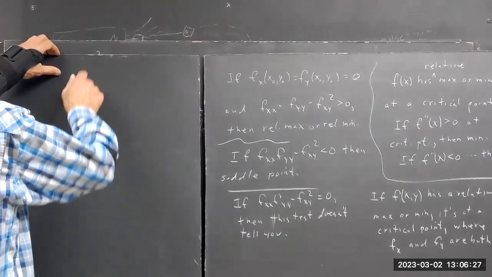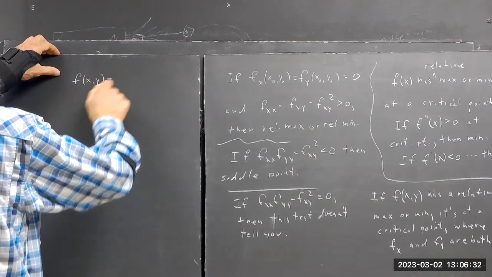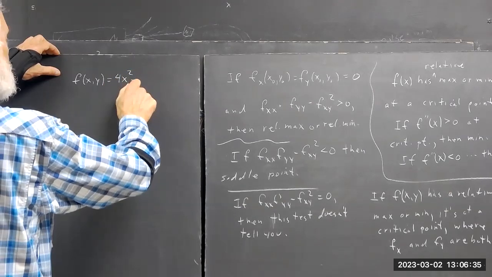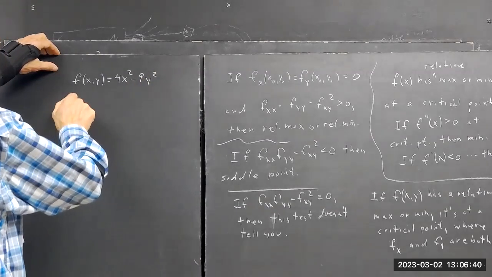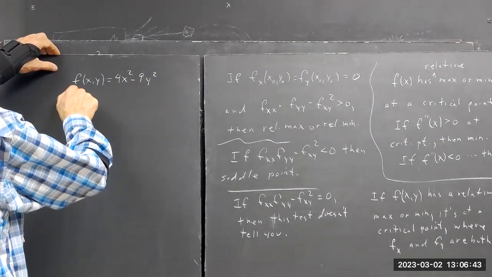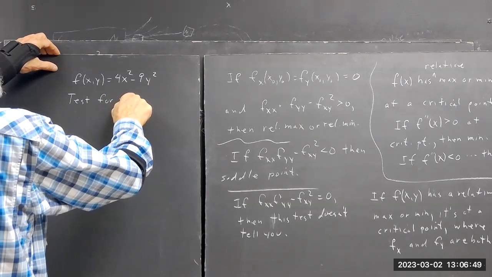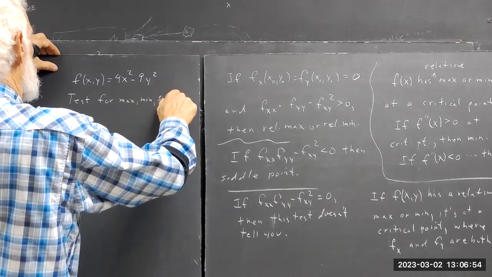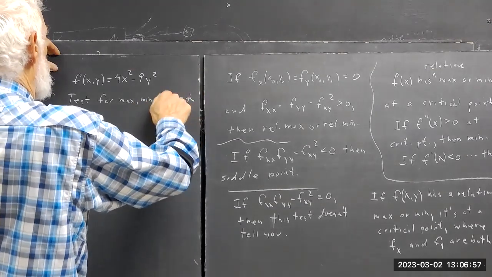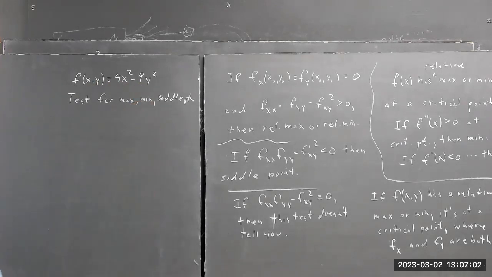But let's suppose we have the function with four minus 9, and we're going to test for maximum, minimum, or saddle point. Use the test, see what it tells.